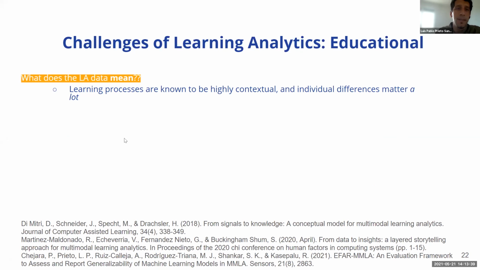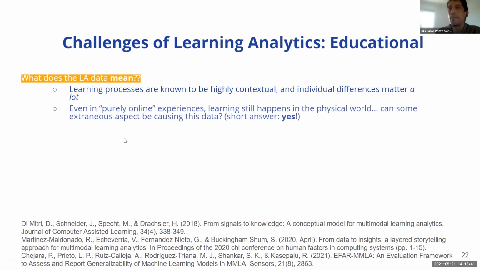So sometimes these very broad analyses of data that are based on what somebody wrote in a certain moment in a certain forum, you have to take it with a grain of salt sometimes. So even when we have a purely online experience, learning still happens in the physical world. So there's the possibility that some extraneous aspect is causing this data rather than something that we can see really in the data itself.